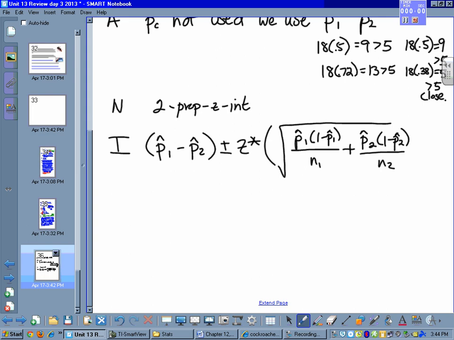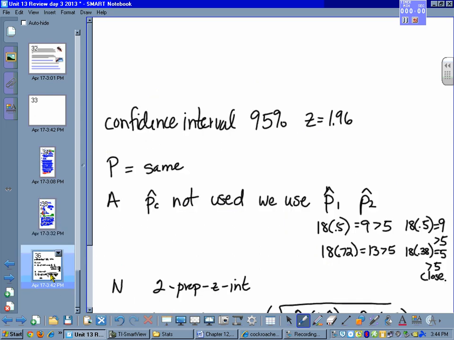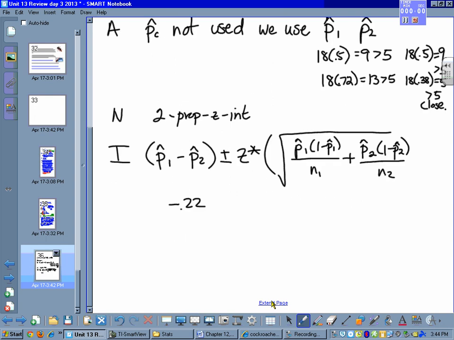So doing that, I already know that the difference in the P hat 1 minus P hat 2 is negative 0.22, and I'm getting that from right here in the T part of the phantom, this number right here, which was P hat sub 1 minus P hat sub 2. I already know my Z star is 1.96, but I am going to have to calculate this.